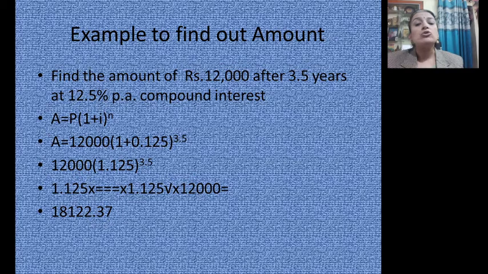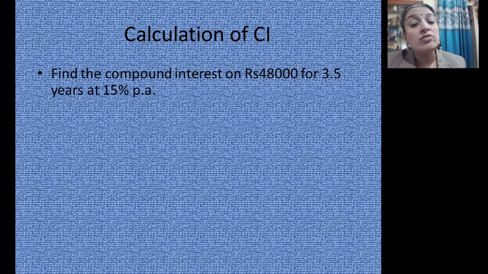So now we have solved so many problems wherein we have calculated the amount. What about the compound interest? We want to calculate the compound interest. How to do it? Let us do it with the help of a problem.